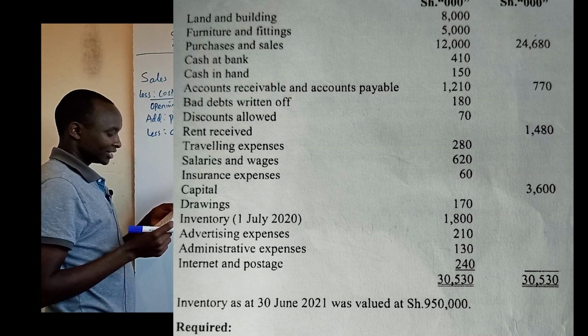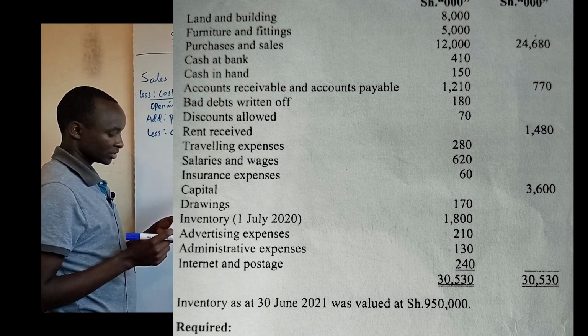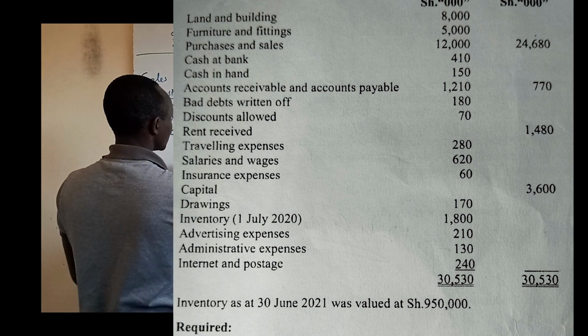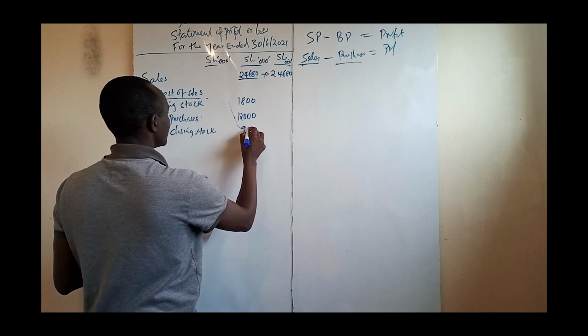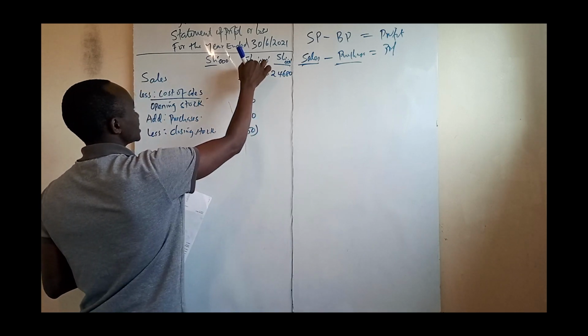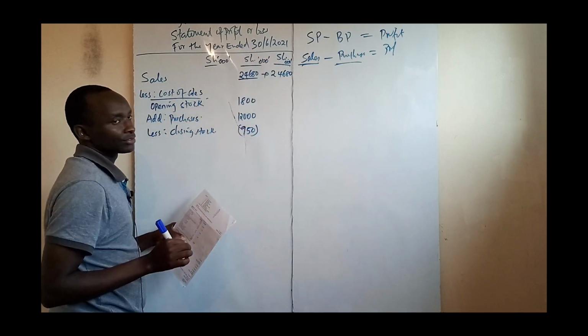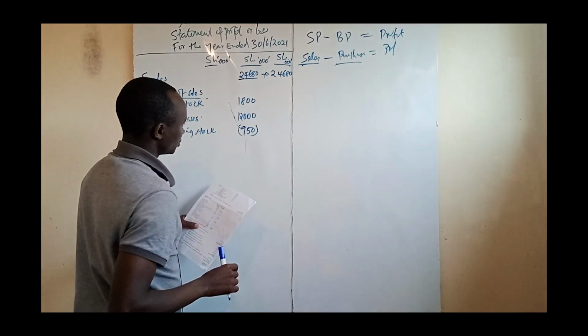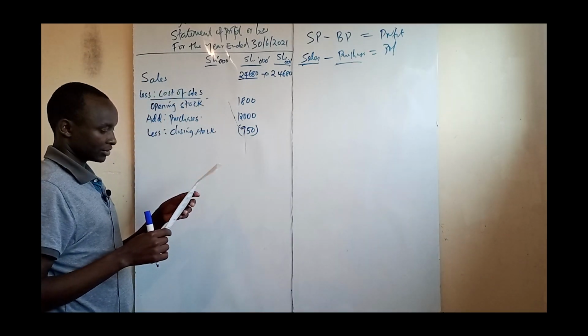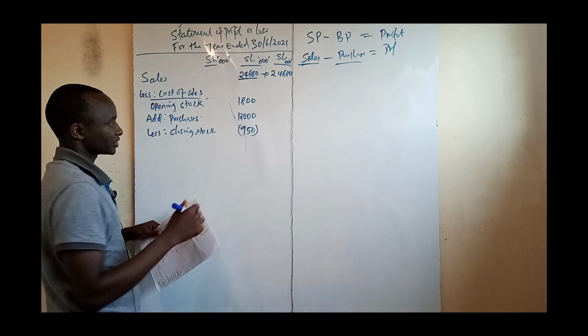We are told the inventory as at 30th June was valued at 950,000. So you less 950. Remember our currency is in thousands, so we are going to show the closing stock in thousands.